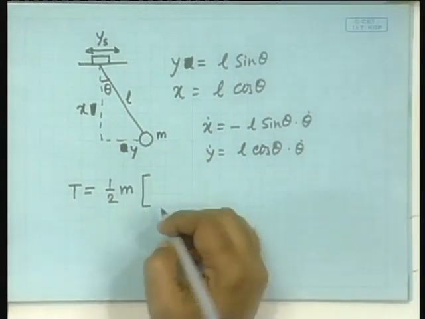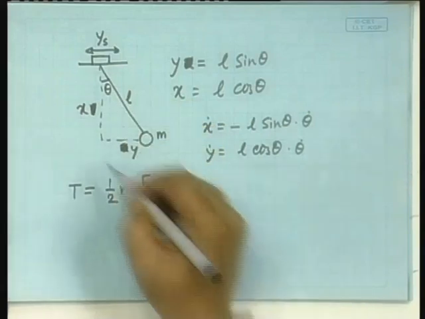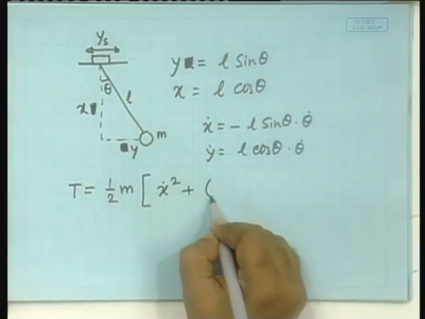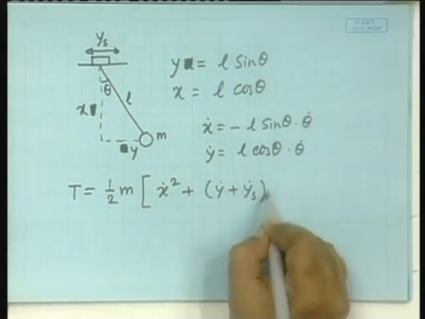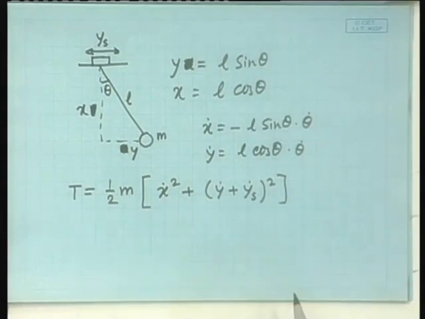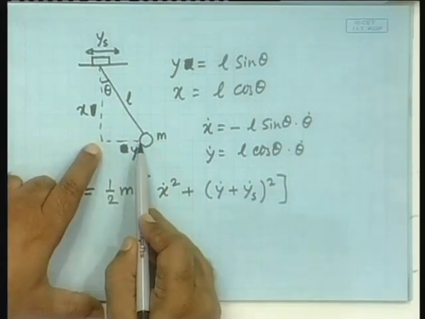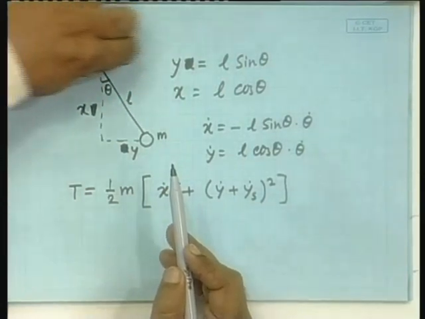It would be then x dot, there is nothing happening in the x dot direction, x dot square plus (y dot plus ys dot) square. Right. What you have done in this direction, the movement, the velocity was y dot. Added to that, you have got some velocity here.